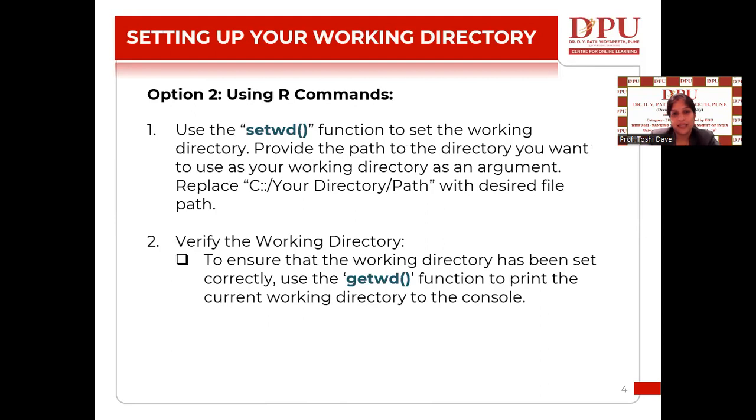Next is setwd. By writing setwd, you have to replace the file path with your desired file path. And to see whether your working directory is set or not, you can write the getwd function.